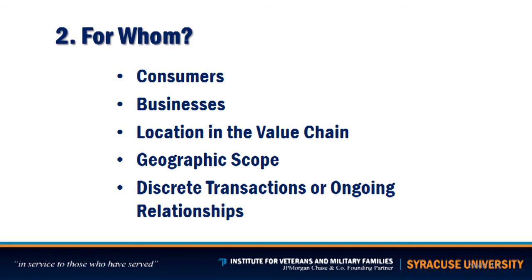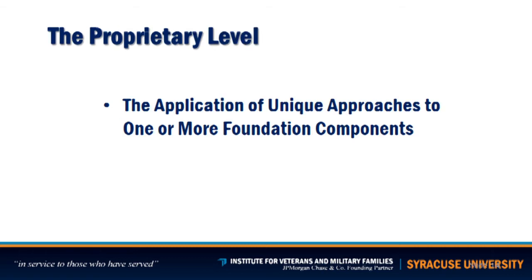Even if you have products, how do you maintain a relationship with your customers if there's one needed? And then those are the foundational levels, talking about what we do. And then the proprietary level really talks about the application of the unique approaches to one or more foundational components, explaining how it's being done.